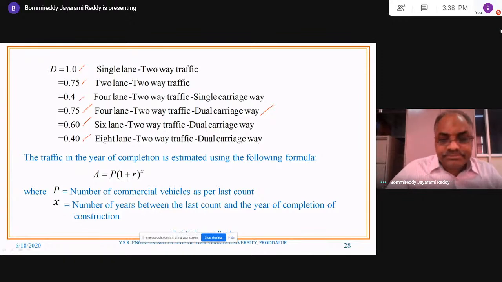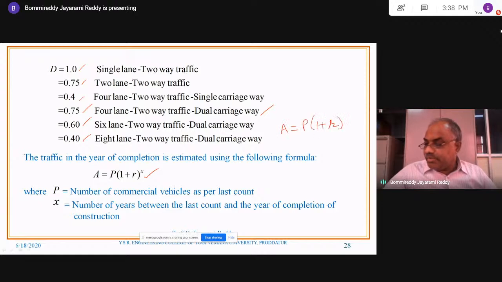Then, here the traffic in the year of completion is estimated as P into (1 plus R) whole power X. In the previous formula you saw it as P into (1 plus R) power (n plus 10).